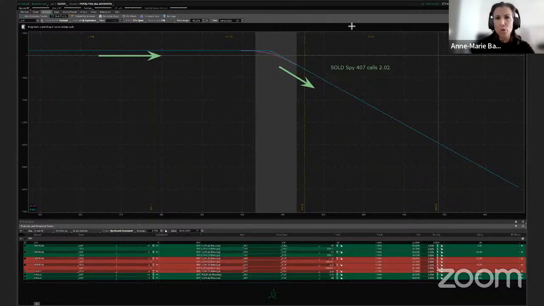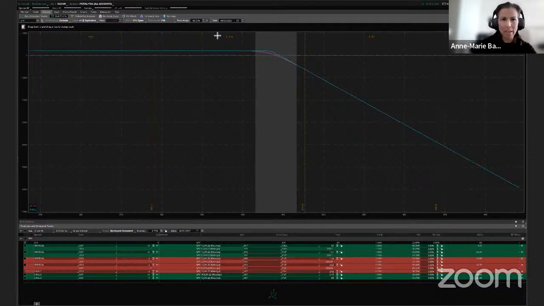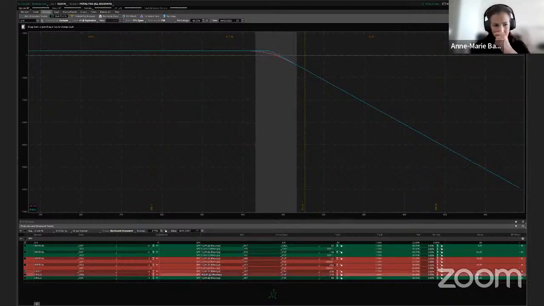Now, I'm going to show you what, clear all the drawings. Okay, we're going to go back to the mouse. Now we're going to look at the sale of a put. Okay, we're going to do this. We're going to get the chart to wiggle around.